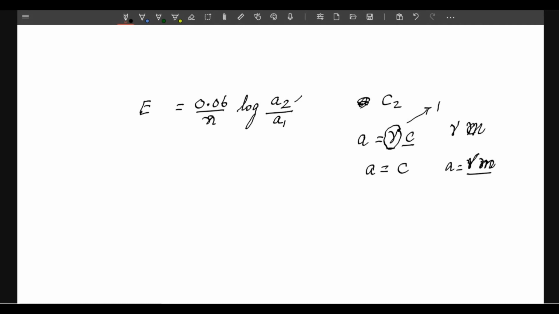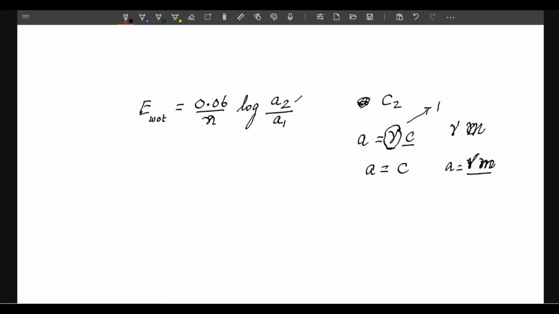And here we have already derived the EMF for the concentration cell. But for which one did we derive it? Look carefully at what we drew there. We drew the diagram with a salt bridge. For the salt bridge, this is the equation. What is E?